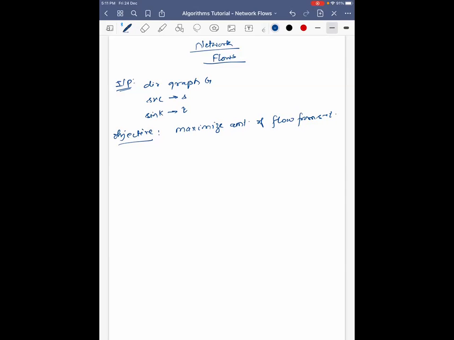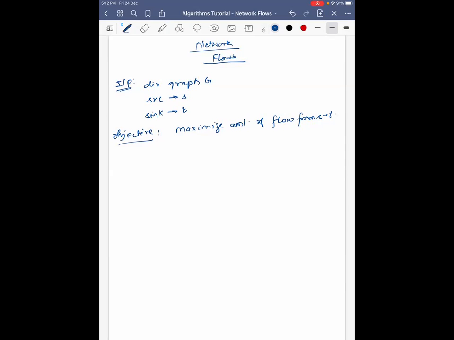And if we have two vertices U and V, and there is an edge directed from U to V, can there be an edge directed from V to U? Well, it is possible. You can have such an edge.